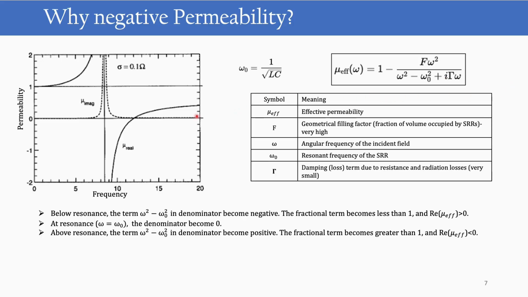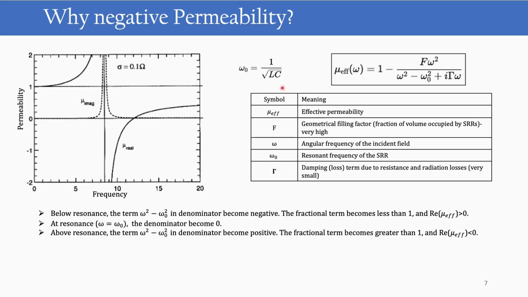So let's see how this permeability varies with the frequency, that means the resonance. Below resonance, we can see that this term becomes negative. That means this will become 1 plus some value. That means the real part of effective permeability becomes greater than 0.